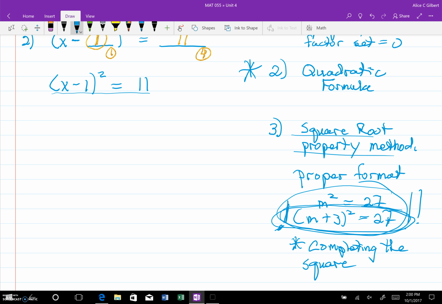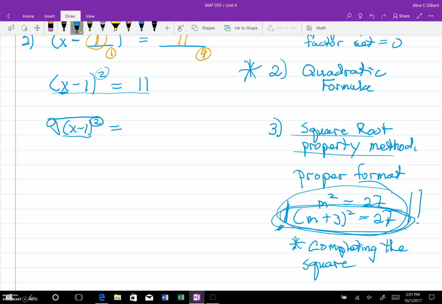Well, in order to get access to this x, I need to get rid of this square. Let's do the opposite of what we were doing in the last unit. I'm going to take the square root of that. Because remember, when the exponent and the index match, this will fall out as my answer, and now my x is free to do things with.